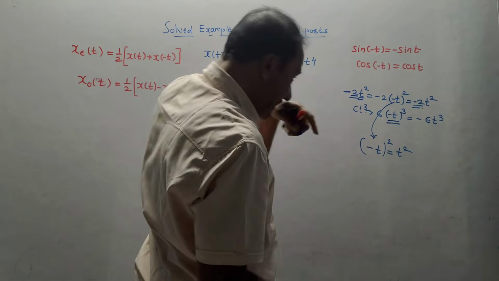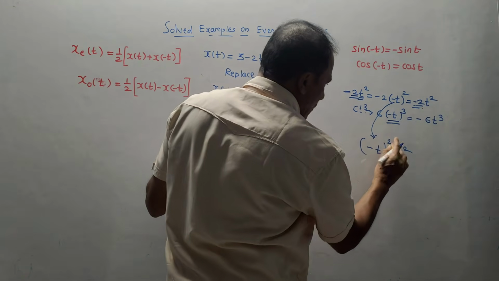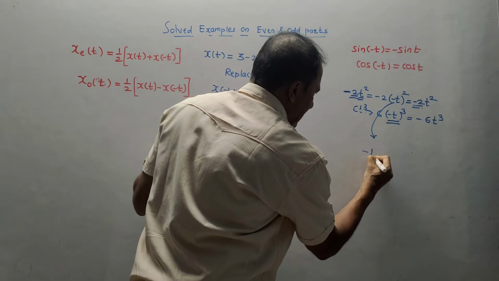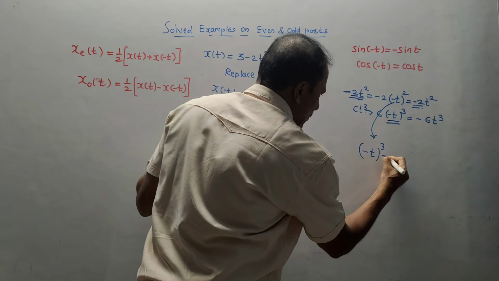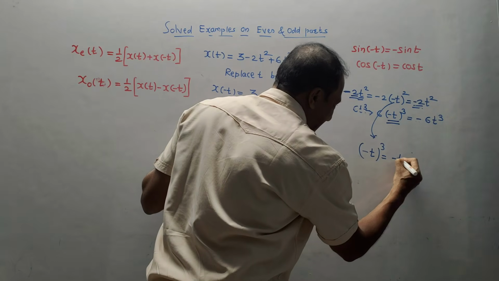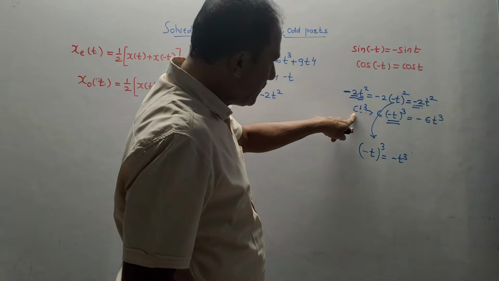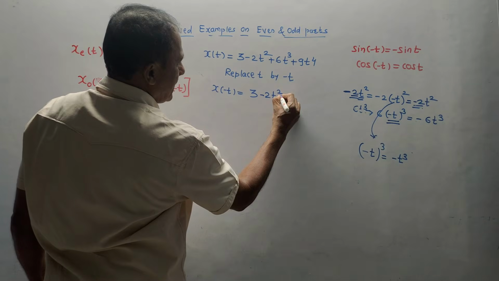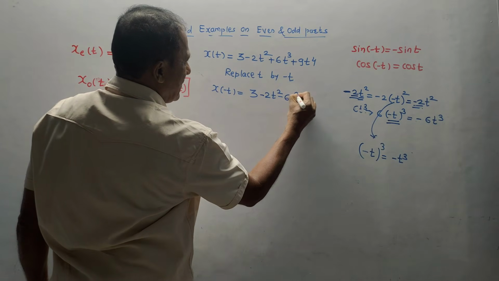In this case, this term minus t cube, I will write it over here. This is minus t bracket cube, which is the same as minus t cube, and it is plus 6, so it remains as it is. I have taken the minus sign outside, so this equation becomes minus 6t cube.